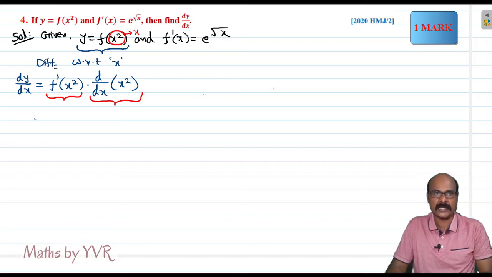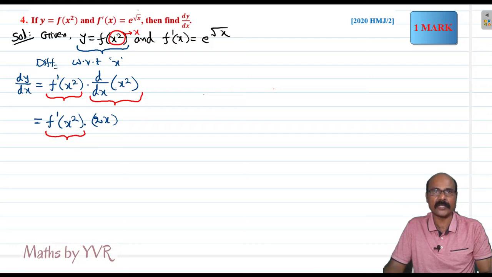Okay. Now that is equal to f dash of x square into what is the derivative of x square? 2x. So this is dy by dx value. Now we need to identify the value of f dash of x square. For that they gave one condition in the question. This is f dash x, but we need f dash of x square.